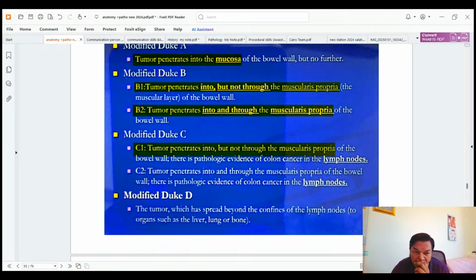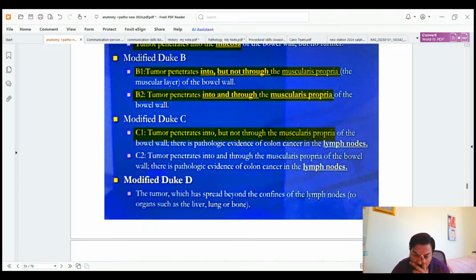C2: tumor penetrates into and through the muscularis propria of the bowel wall, and there is pathologic evidence of colon cancer in the lymph nodes.